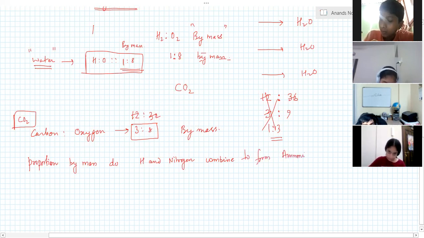Whose formula is, can someone help me with ammonia's formula? NH3. To form NH3, can you just find it out and tell me?